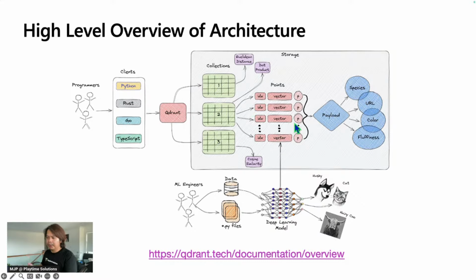So that's just one approach. ML engineers can create inference backends wherein, if someone searches for a cat, that image could become a husky or a cat and a hair crew, and how relevant is that search query for you, right?